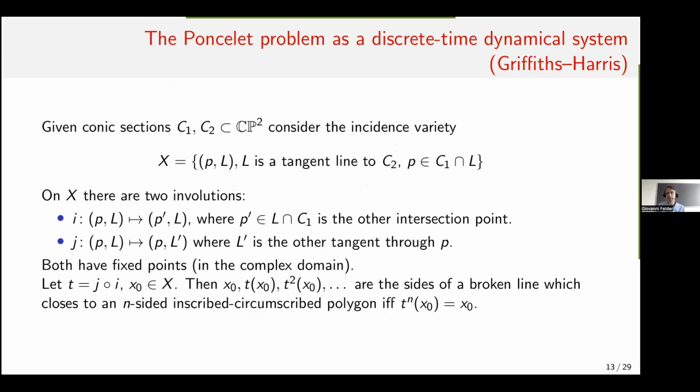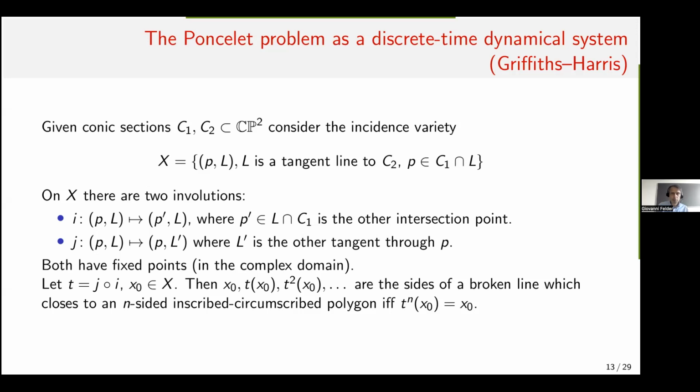I think it's a clear way to understand what this story is. So suppose you have two conic sections. Imagine two circles in the plane. Then you consider this incidence variety. Namely, you consider the space of all pairs.